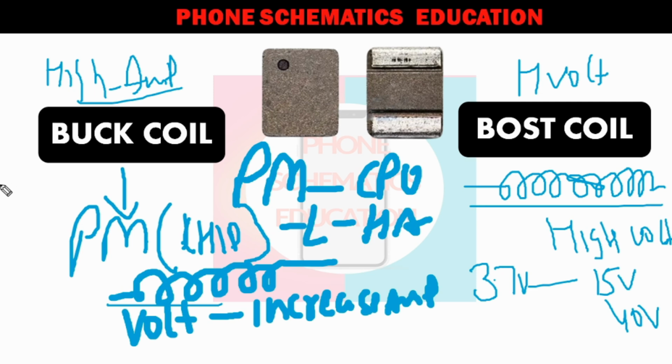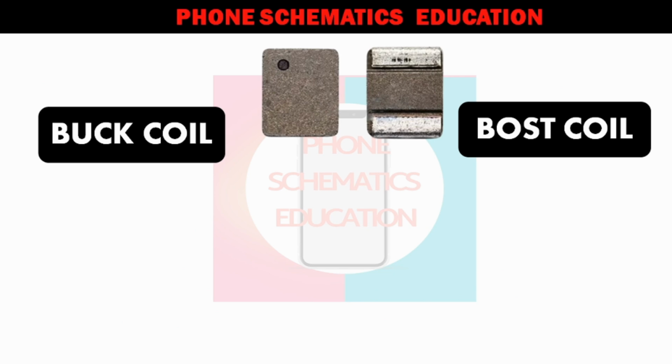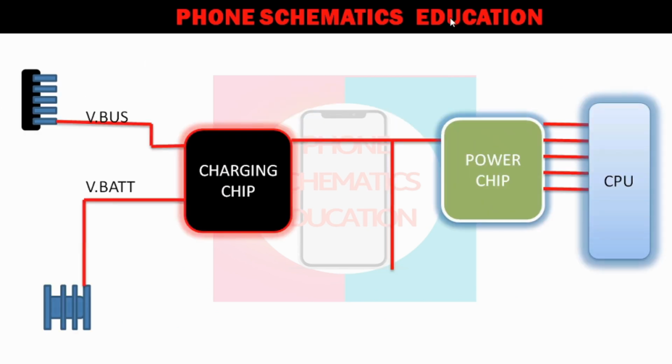Now, before going to the power IC, I will show you a small circuit, so those who don't know how the circuit works and how the power IC input works will get a little information before going to the power IC output lines, right? So first clear it. Now you will see a circuit in front of you.